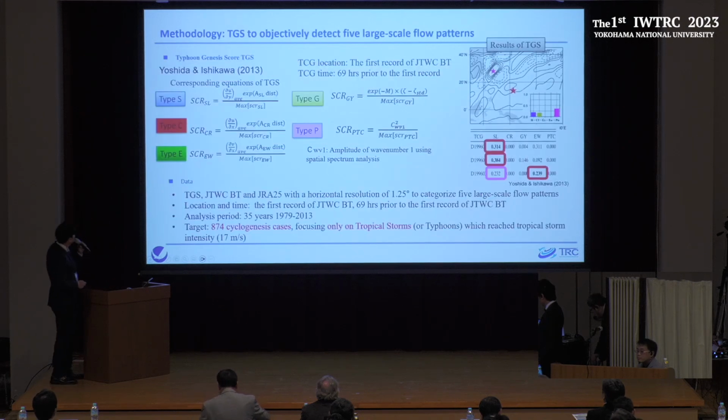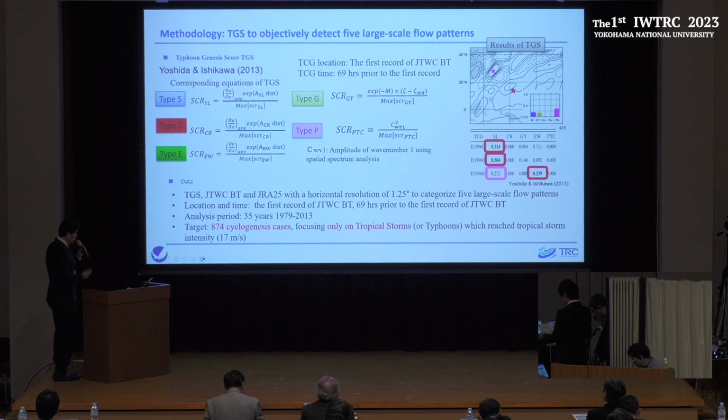Methodology. Yoshida and Ishikawa developed the typhoon genesis score, TGS, to objectively detect the 5 large-scale flow patterns. Here are the corresponding equations of TGS. I won't explain the TGS in detail, but please refer to this paper.